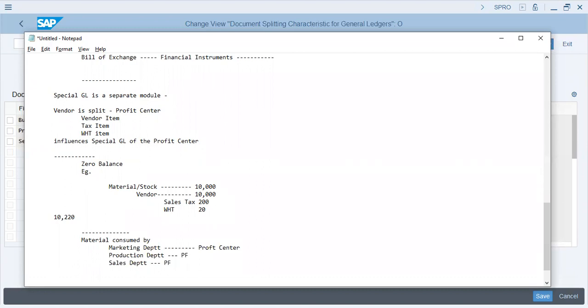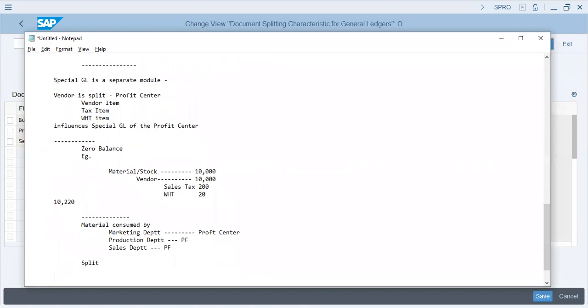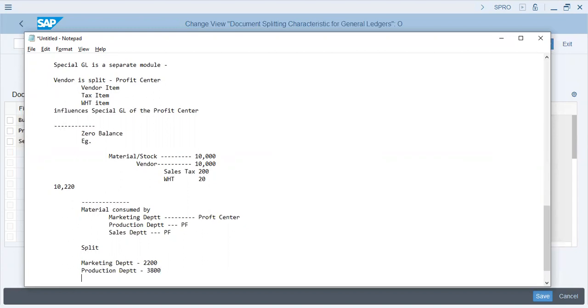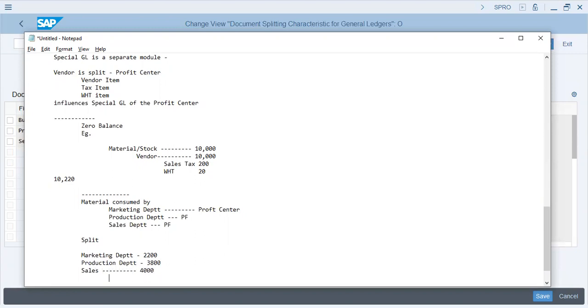Based on profit center, you will split between the three departments. How? Marketing department uses 2,200 of 10,000. Production department uses 3,000 or 3,800. Remaining from sales 4,000. But this is the principle.